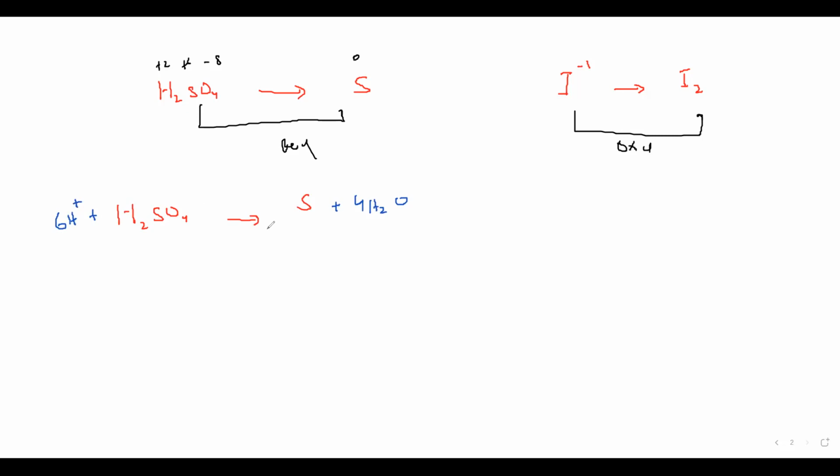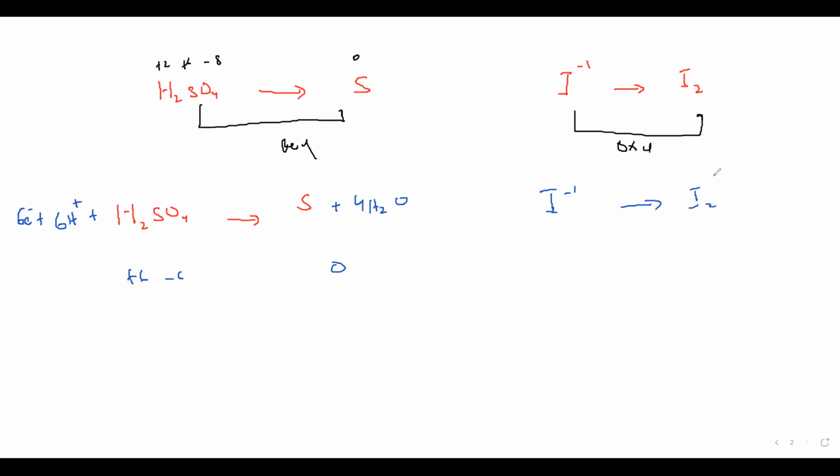Then the charge, this is a neutral molecule. So total charge is due to protons, and here this is 0. So where I should add electron, I should add 6 electrons on this side to make it neutral. So the equation is balanced. What about the iodine equation? It is -1 change to iodine molecule.